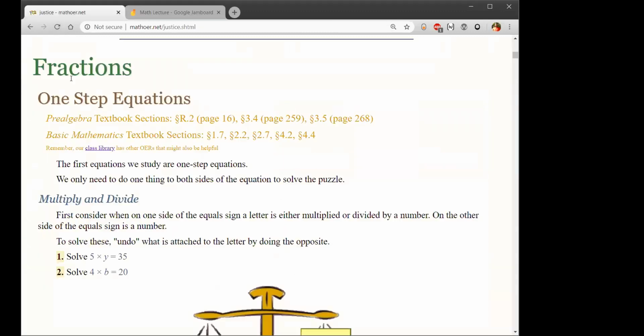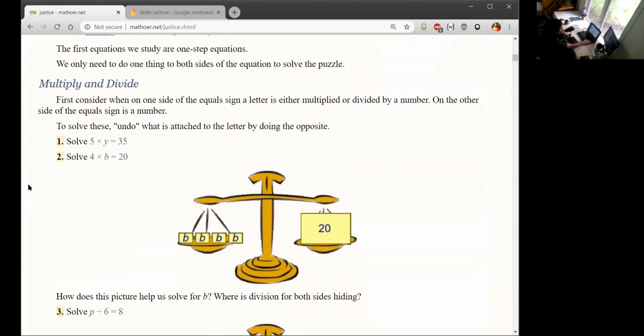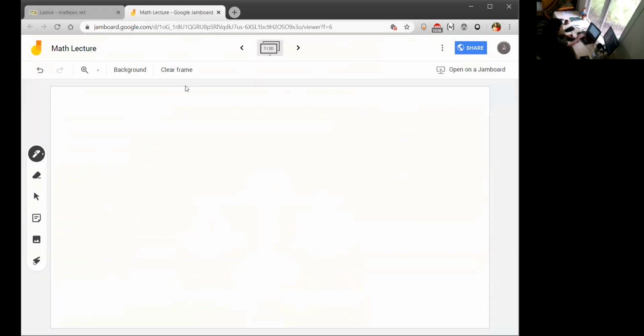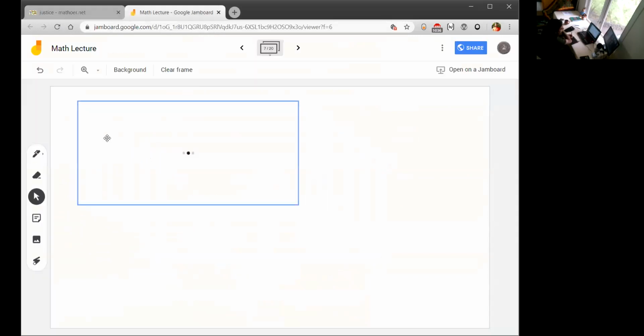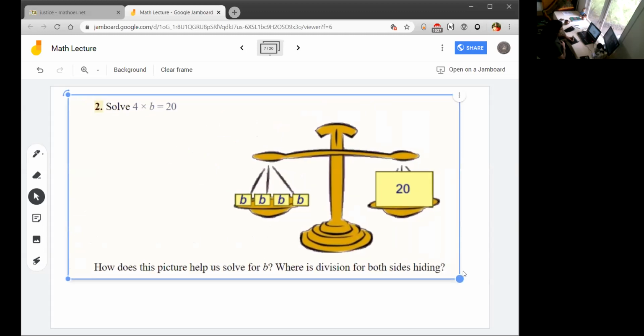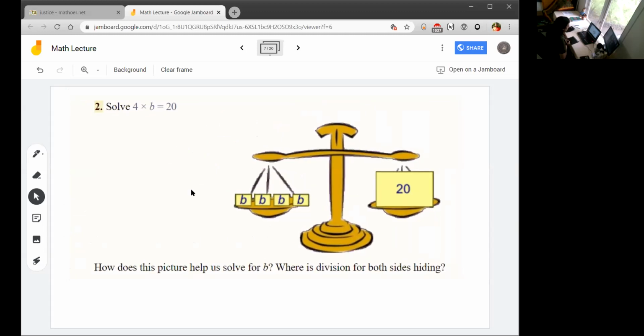Okay. So let me try and fill in what maybe you've seen or maybe you haven't. If we want to solve 4 times b equals 20, I could do the same thing I just did.